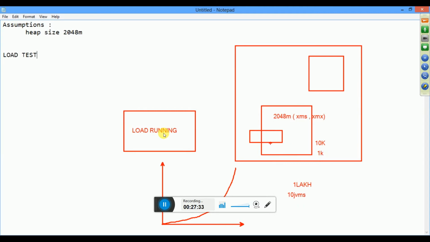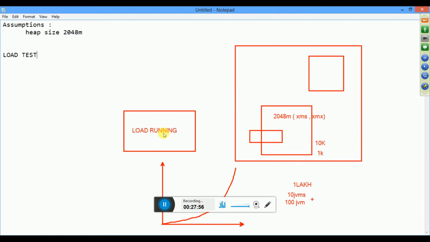Now assume that this JVM is taking only 1K, but you are receiving 1 lakh requests, then you require 100 JVMs. And there is one more thing. We know that this will crash at 1K. So when we know it will crash at 1K, obviously you're not going to send 1K requests, right? You will send only 70% of the requests.